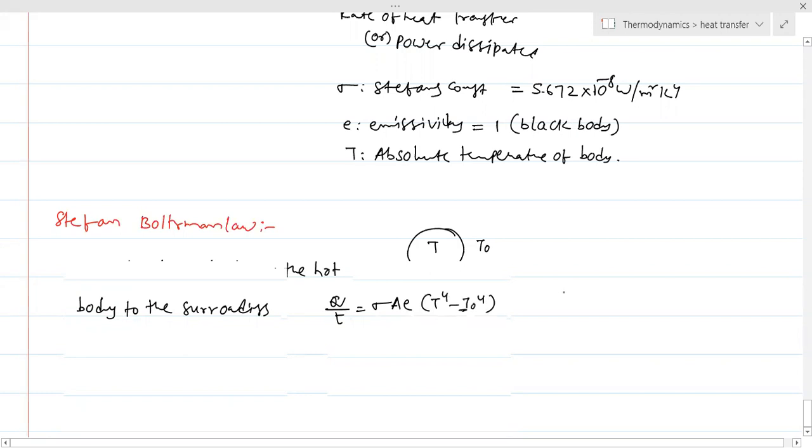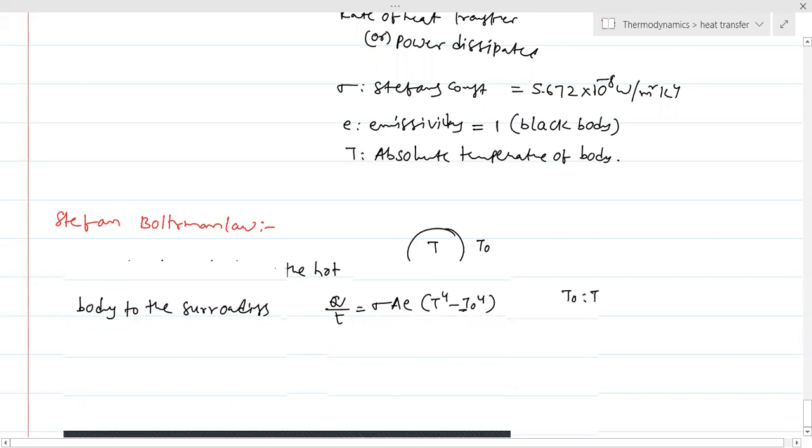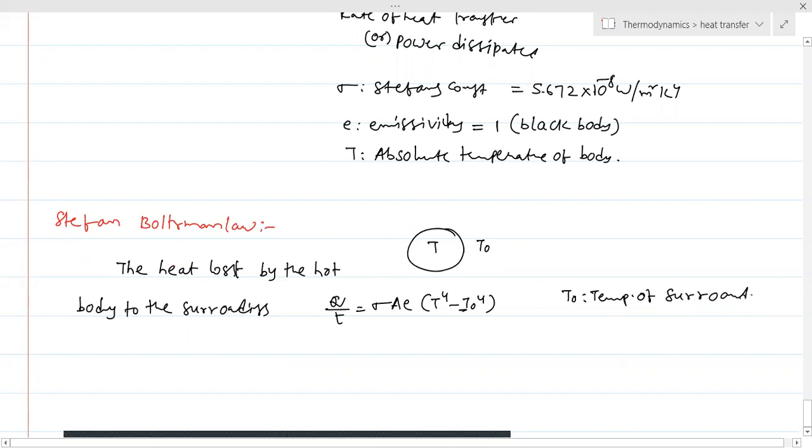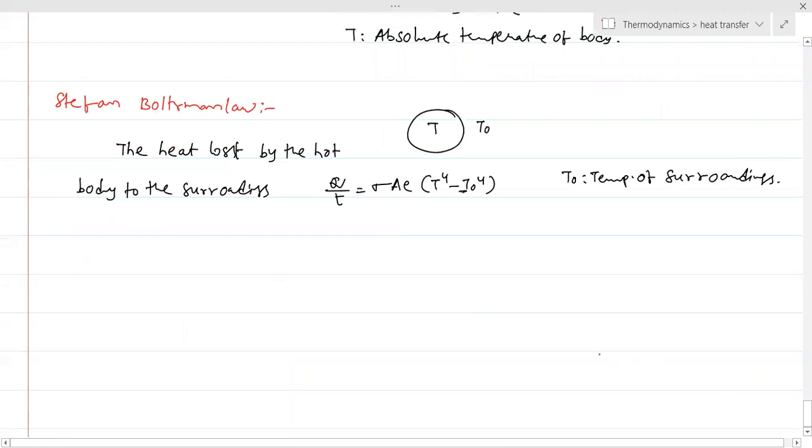So here the new one is T naught, which is the temperature of surroundings. The remaining values are the same. This is Stefan's law as well as the Stefan-Boltzmann law.